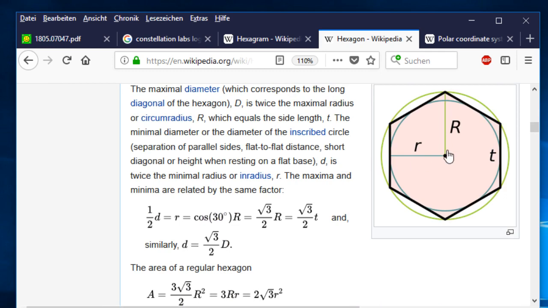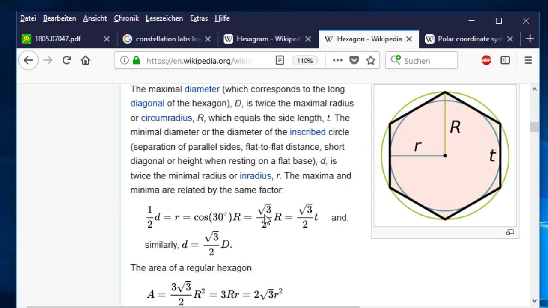Then here we go 1/2, so r is 1/2 of 1. They have some letters here too: the center to the outer sharp corner would be D. The 1/2 of D would be r, and then what is capital R?